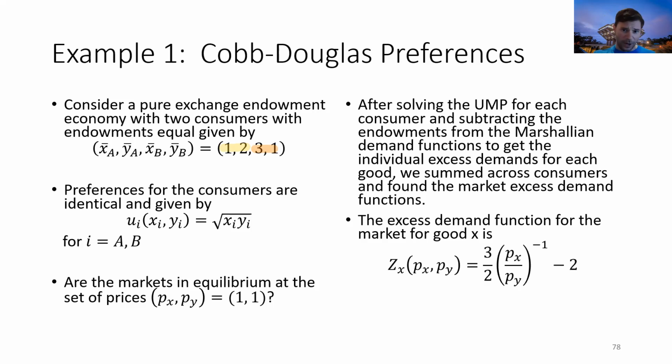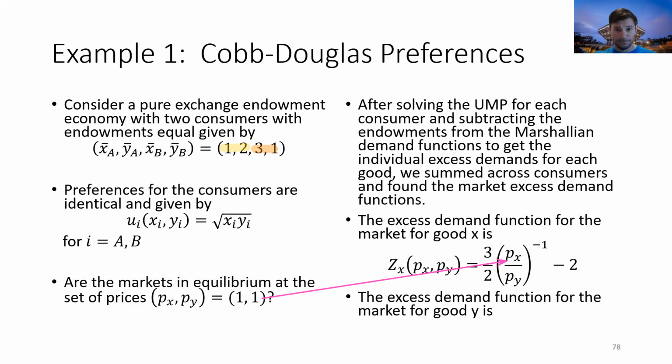Okay, if I plug those prices into the aggregate excess demand function for good X, is the market for good X at equilibrium at that particular set of prices? Good, it is not. Right, you get 3 halves minus 2, which is negative 1/2, not going to be in equilibrium.